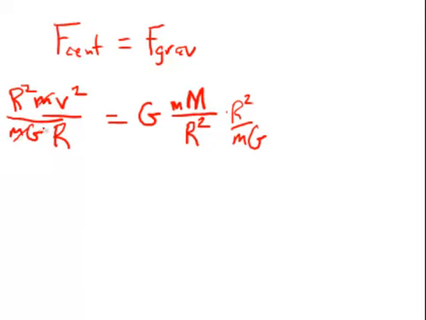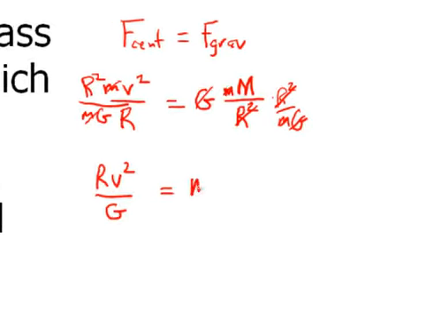And so the fact that we don't know the mass of the moon is irrelevant. We see that r squared over r reduces to having an r on top. We've got v squared, which is the speed that the moon is orbiting at. And then on the bottom, we've got the gravitational constant G. On this side, the lowercase m's canceled out, the gravitational constant canceled out, and the orbital radius squared canceled out, and so all that's left is a formula for mass.